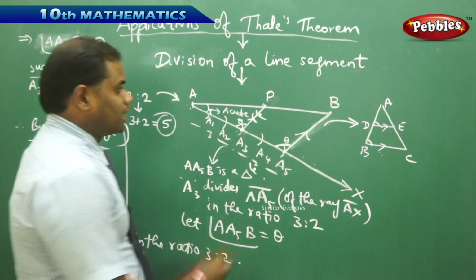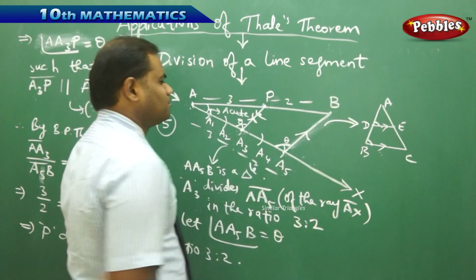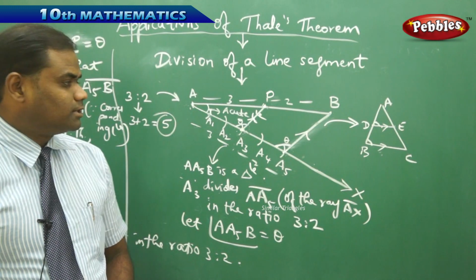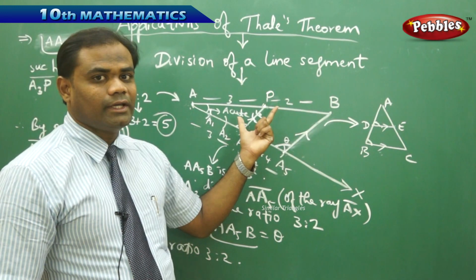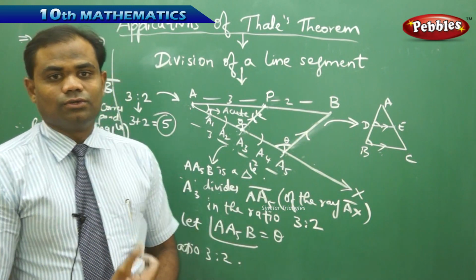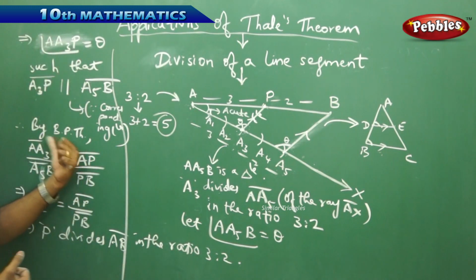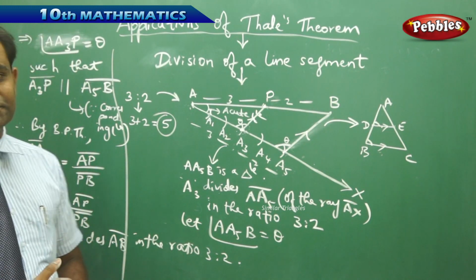That is, I can identify the point P which exactly divides the line segment AB in the ratio 3:2. So division of a line segment in this problem desired for 3:2 is possible using the Thales Theorem, which says that the corresponding sides are in the same ratio.